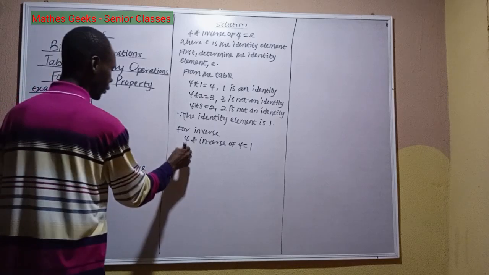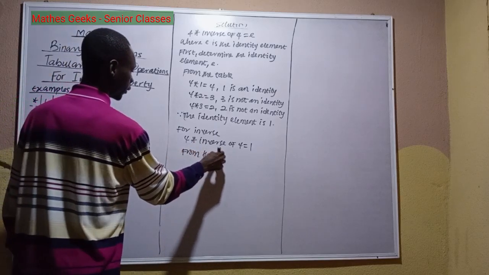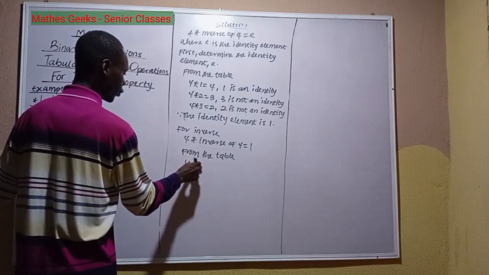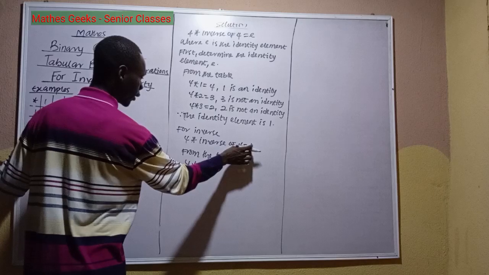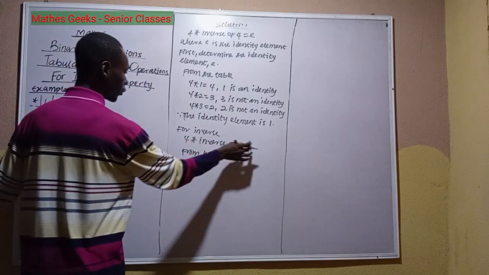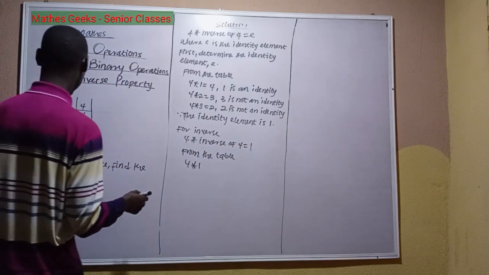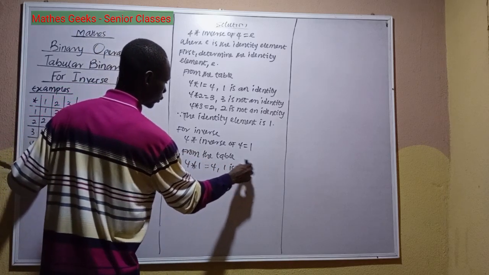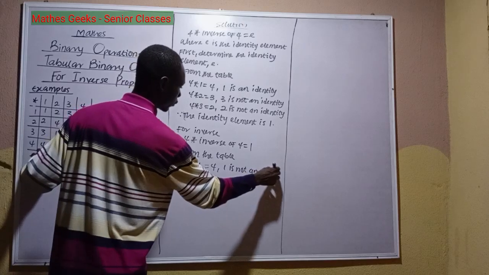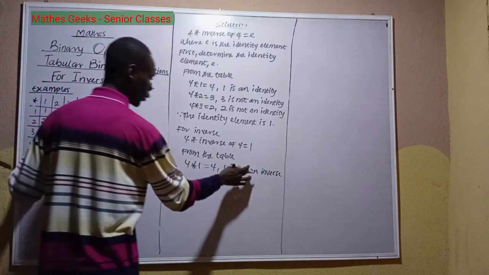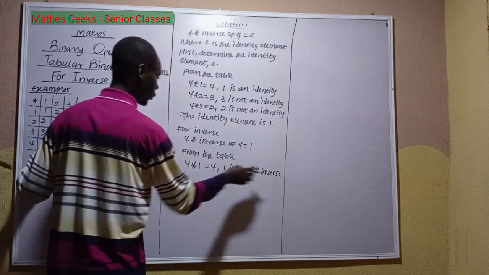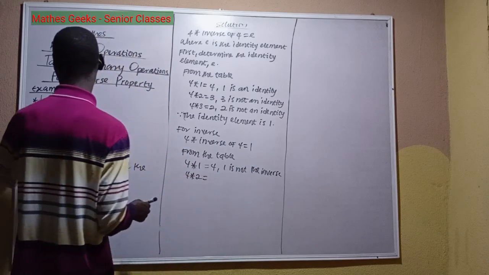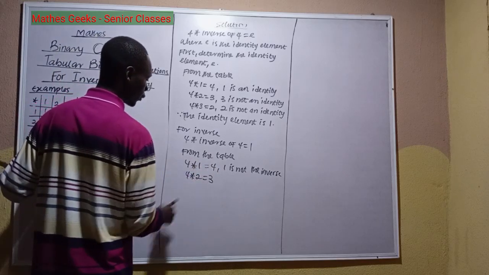So from the table, let's go again. 4 operation what will give us 1? 4 operation 1 is 4, so 1 is not the inverse of 4. 4 operation 2 is 3.